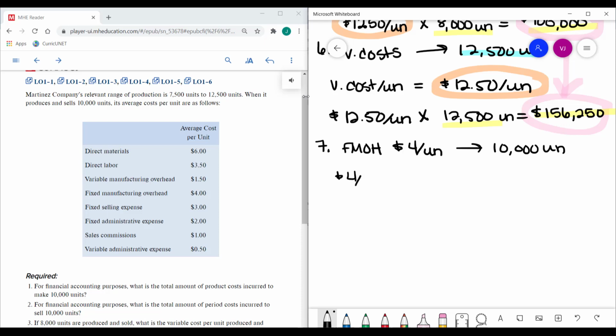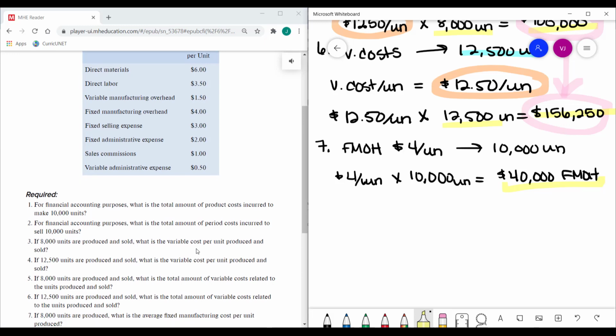So we multiply that out and say $4 a unit times 10,000 units. That comes out to $40,000 of fixed manufacturing overhead each period. Okay, so that is unchanging within the relevant range. Every period, regardless of how much you're producing within that relevant range, that's what your fixed overhead is estimated to come out to.